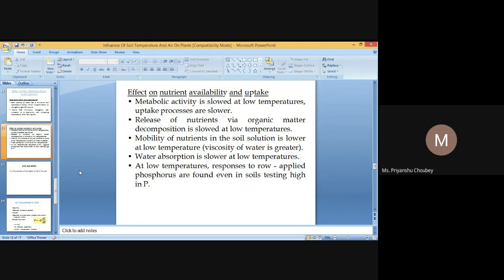These are classified as mobile nutrients. Cations like potassium, calcium, magnesium, ammonium, iron, copper, nickel are either held on the negatively charged surface of the colloidal clay and organic matter in the soil.